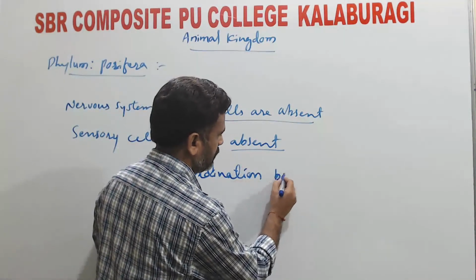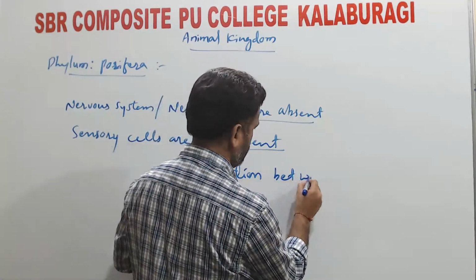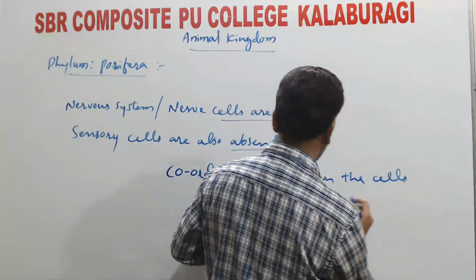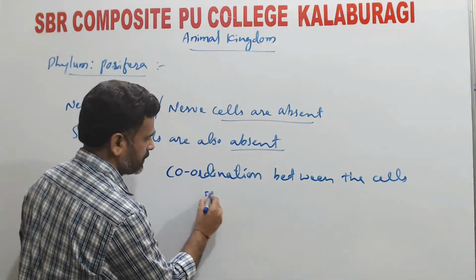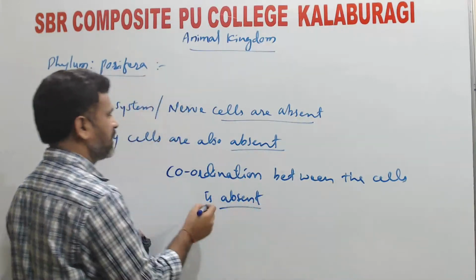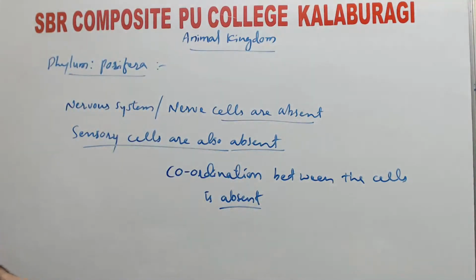Coordination between the cells is absent. This is because of the absence of the sensory cells. So that's why there is no coordination.